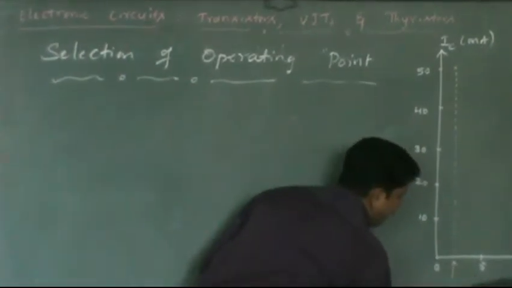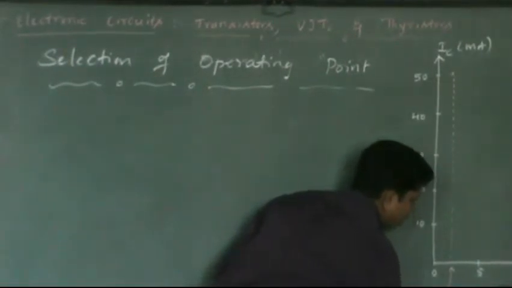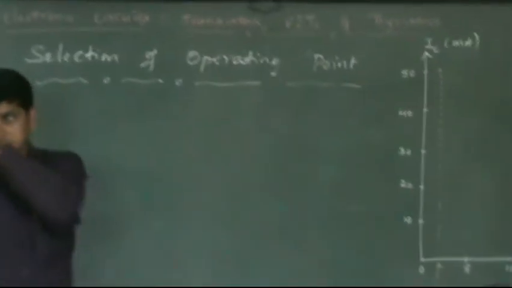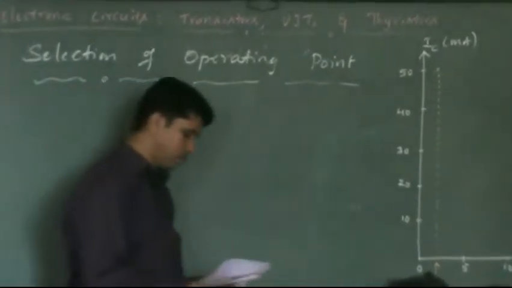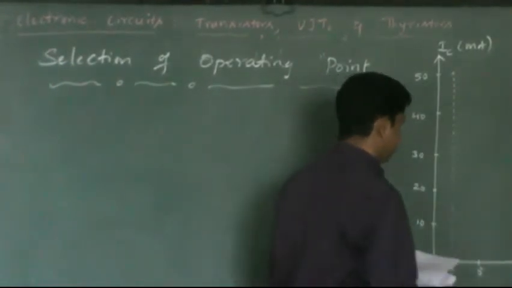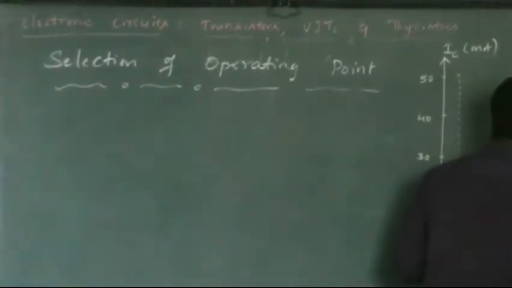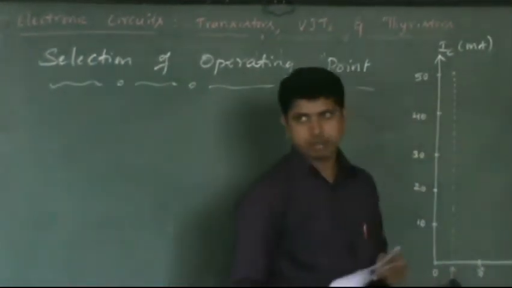Below I have indicated this as VCE sat. And I will assume that anything beyond 25 volts is going to be the breakdown region.